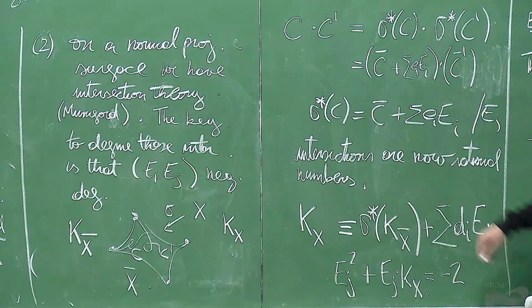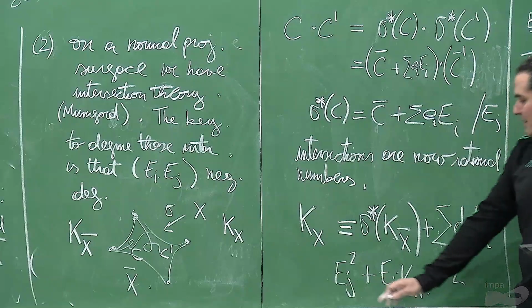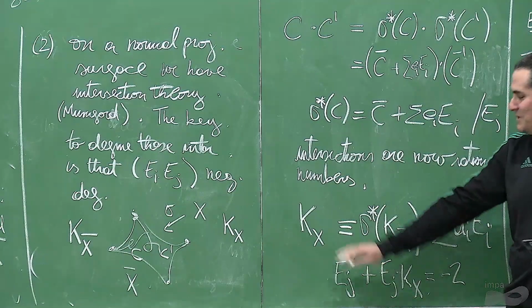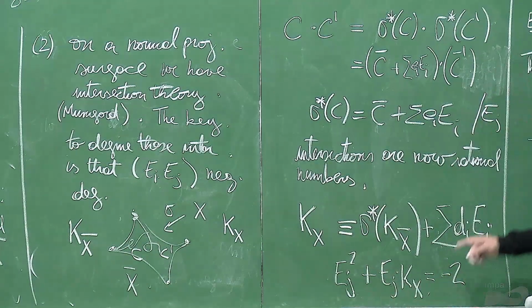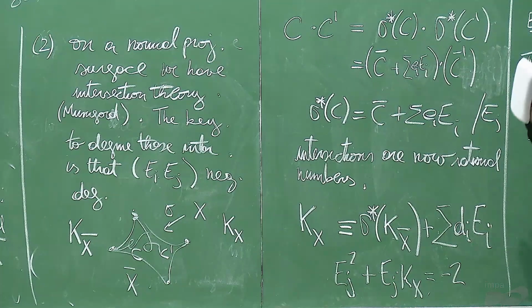This is adjunction. So you know this number is going to be -2 plus EJ. So you have again a system, and then you solve for the DIs, and those are the discrepancies. So all this has nothing to do with projectiveness, right? No, nothing to do. This is local, yeah.